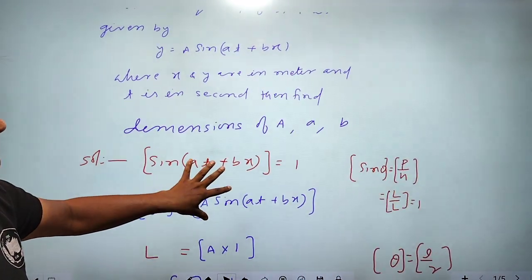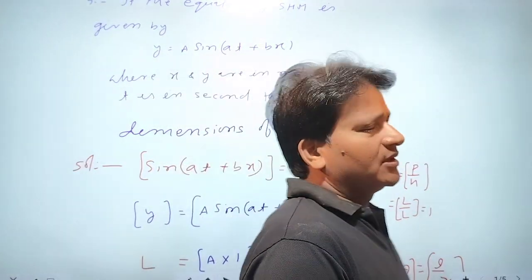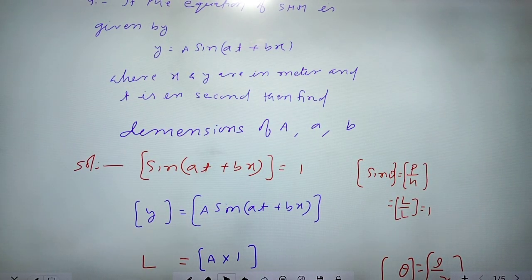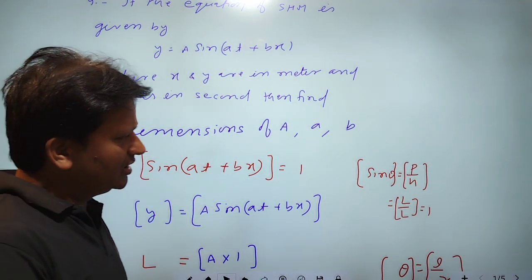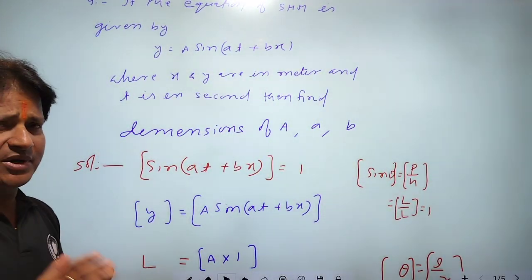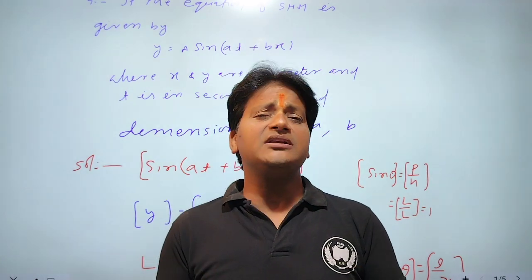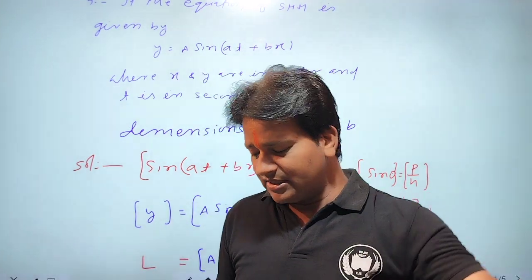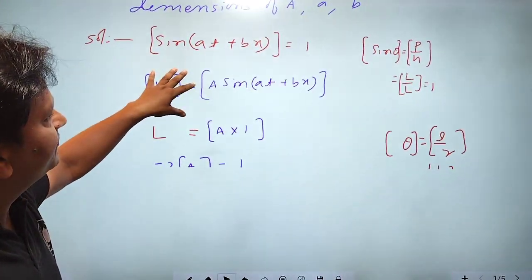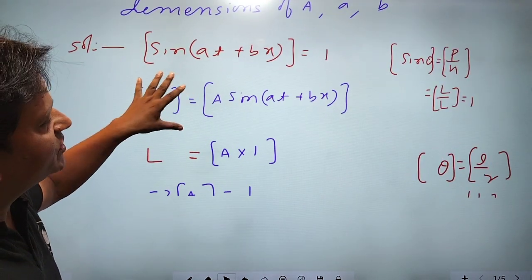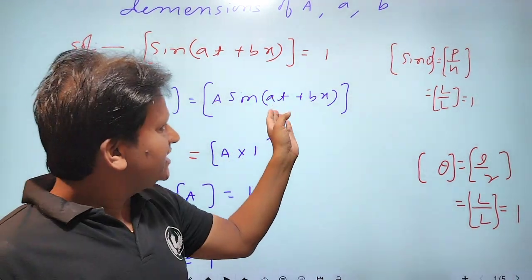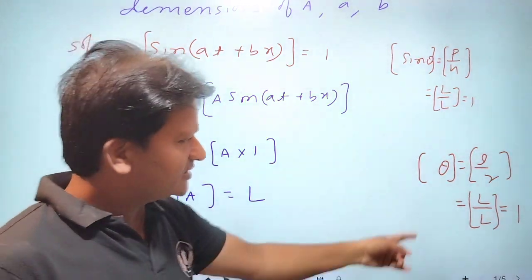We know that if any number has a unit in its power, then it will be meaningless. Therefore, here at plus bx, this is an angle, just like this.